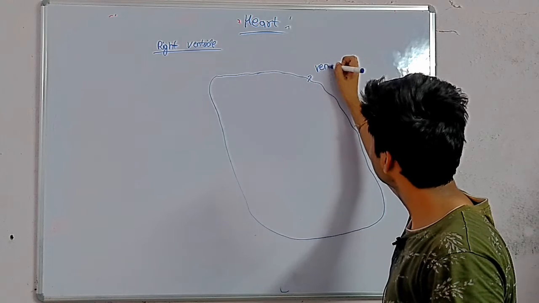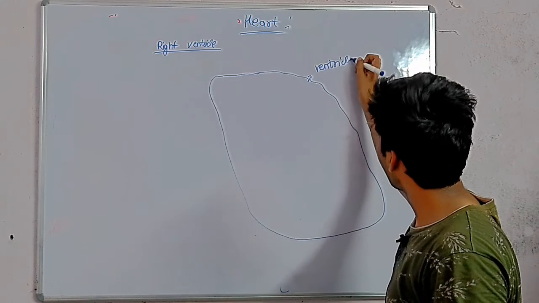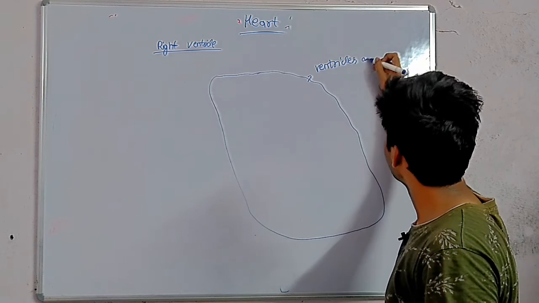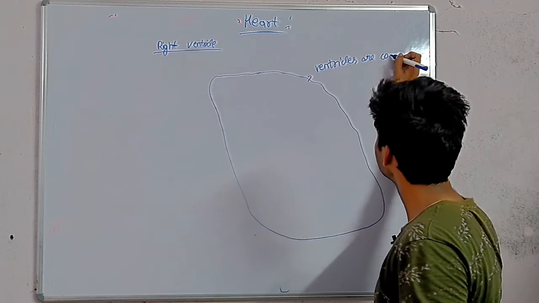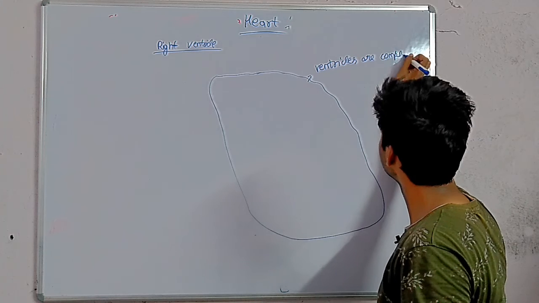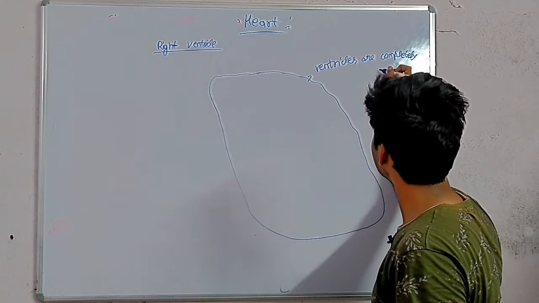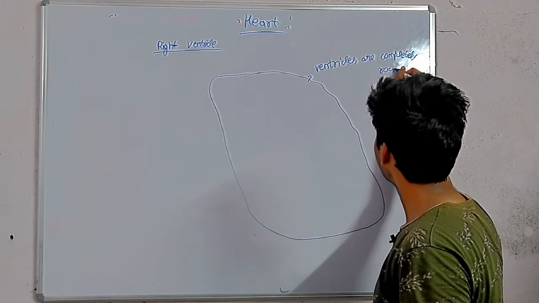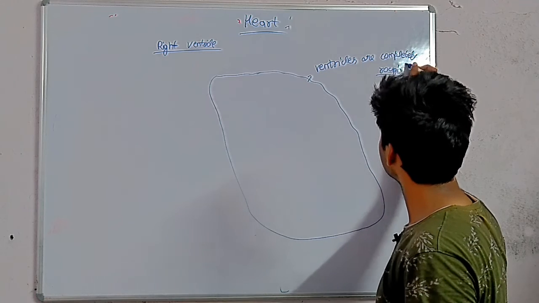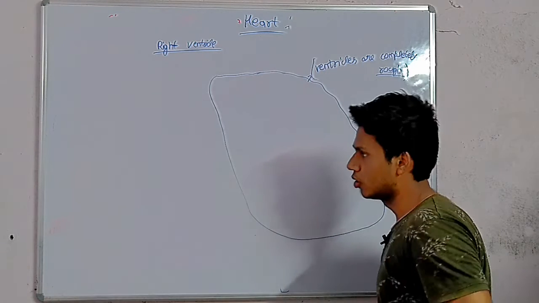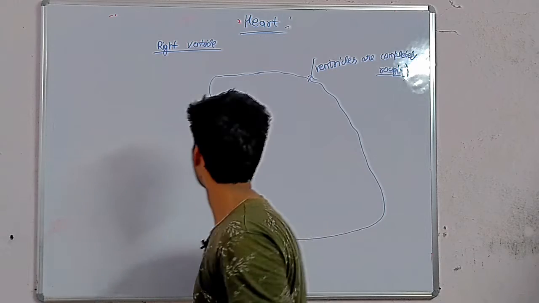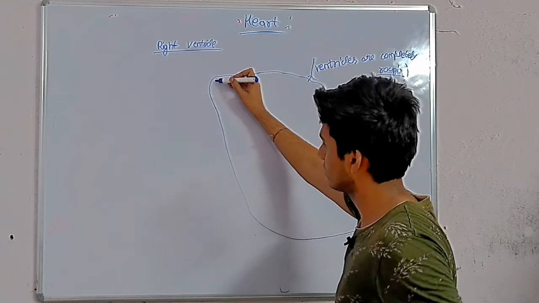Ventricles are completely rough because they contain big, thick muscles.